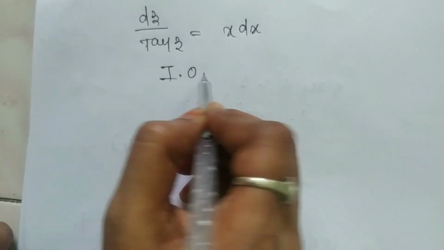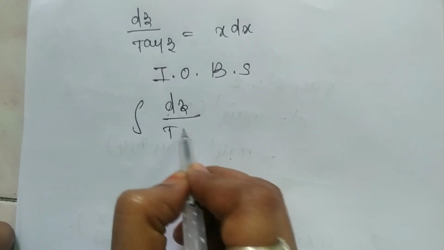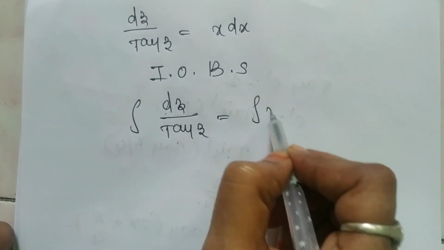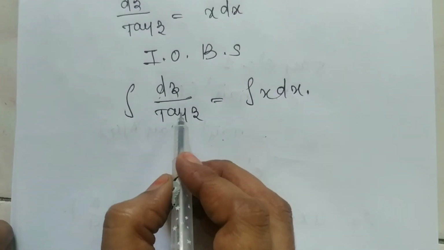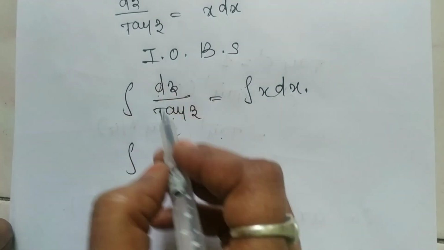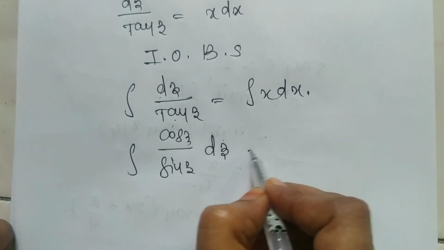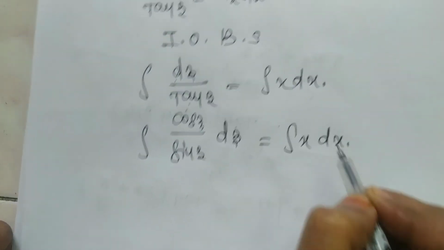So integrating on both sides, integration of dz by tan z equal to integration of x dx. So here tan z can be written as sin z by cos z. So that means integration of cos z by sin z dz equal to integration of x dx.